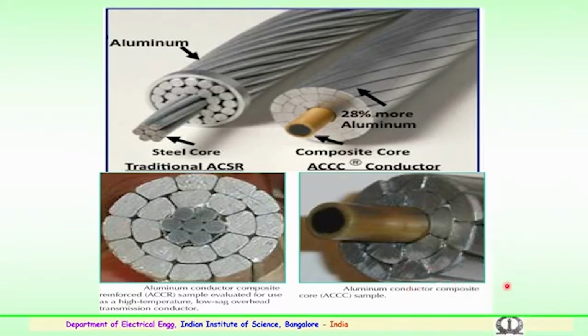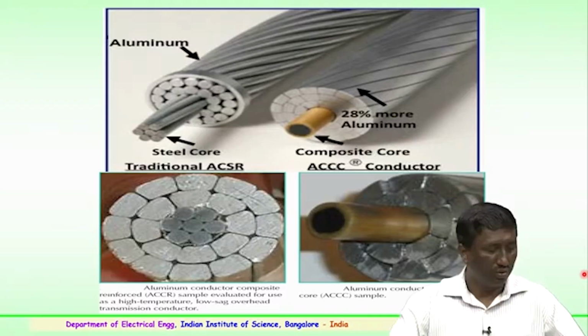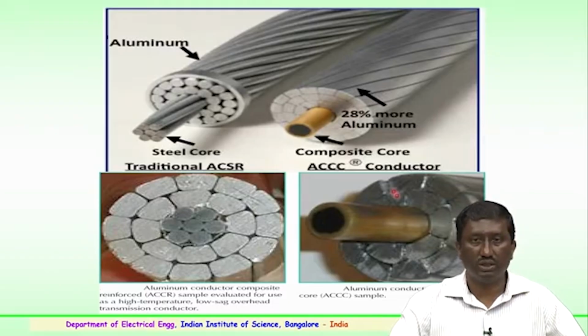Here the conductor with composite core gives a higher temperature, more current carrying capability, lesser skin effect and so on. Very important, this will help the distribution system to transmit more power in comparison to the standard ACSR type conductors.